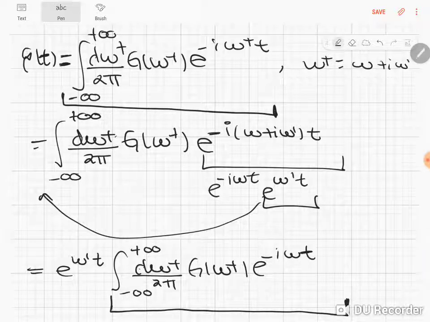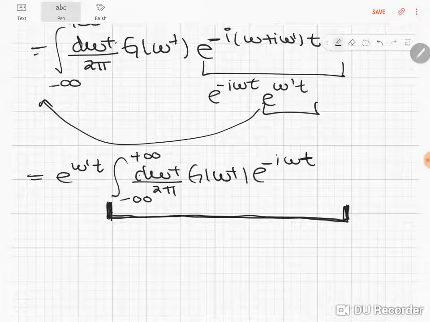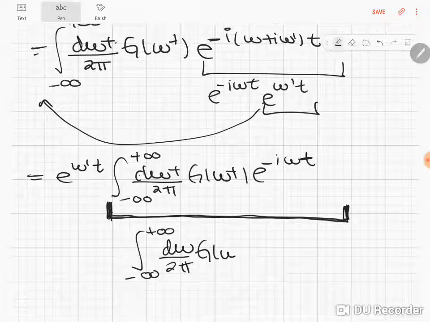That's the trick. This integral that I have highlighted contains the actual Fourier transform that we started with, which is the integral from minus infinity to plus infinity of d omega over 2 pi, g of omega, e to the minus i omega t.